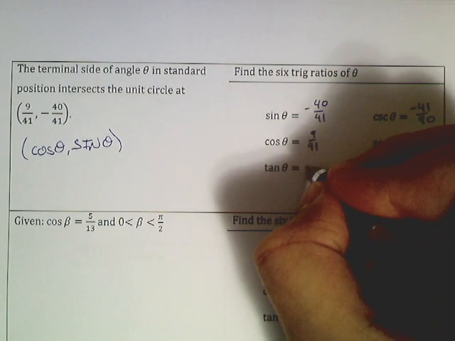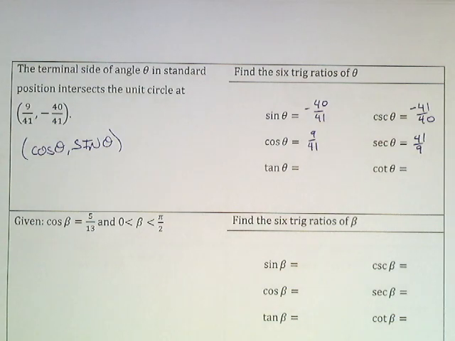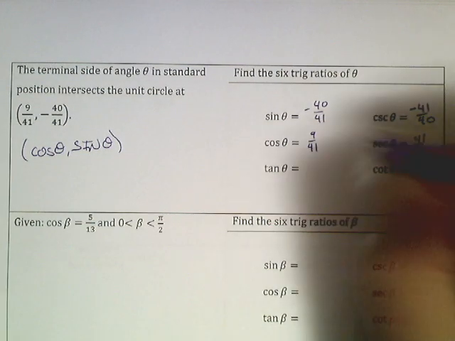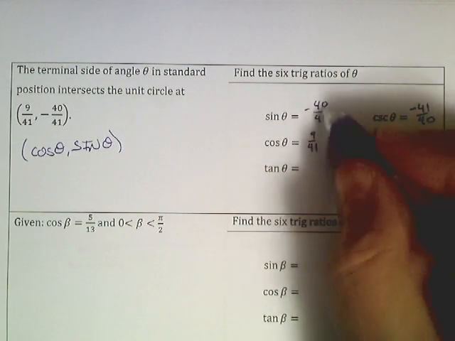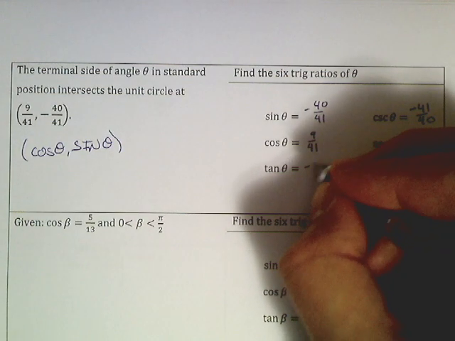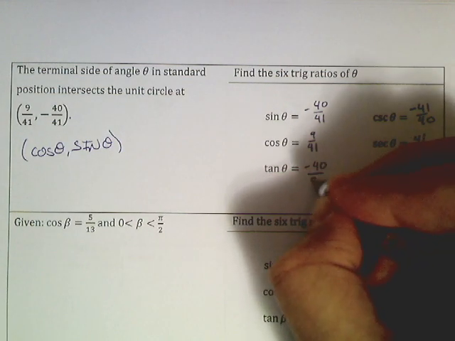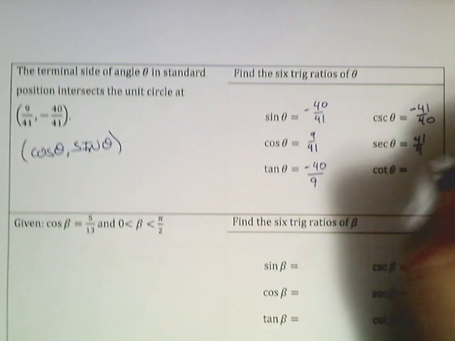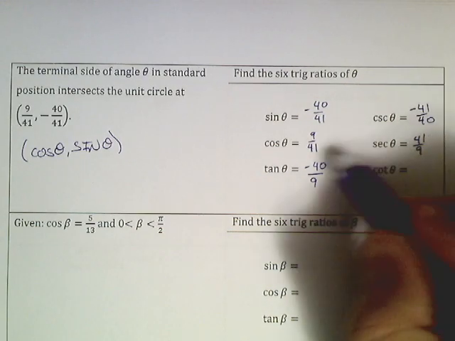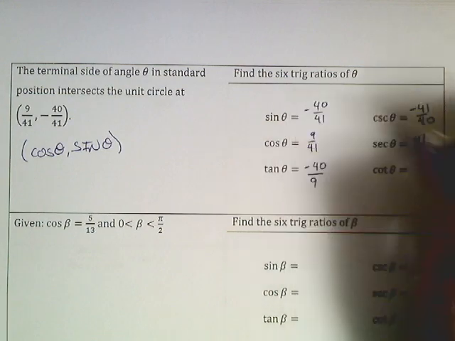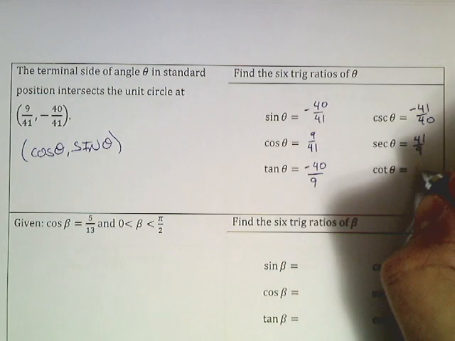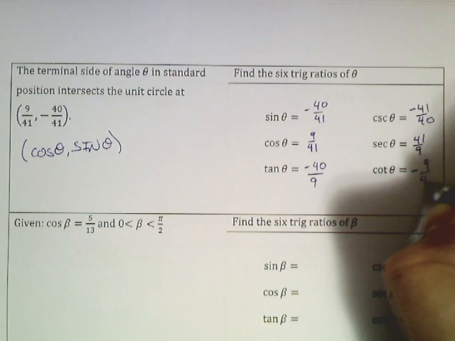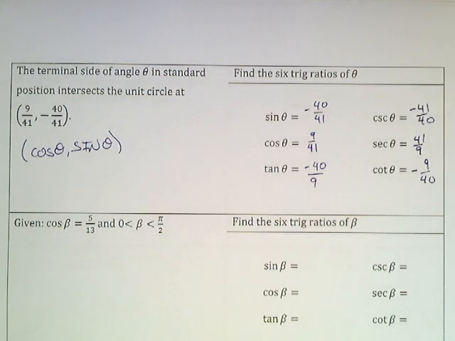The denominators here are going to cancel out when I put sine over cosine, so I can take a shortcut and just put negative 40 over 9. And cotangent is going to be cosine over sine, or the reciprocal of this one, so it'll be negative 9 over 40. There we go.